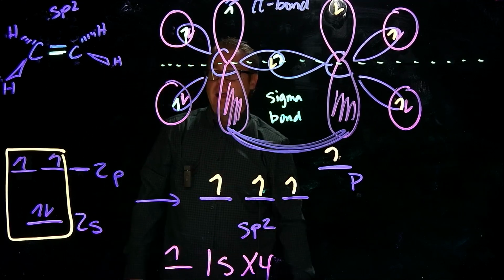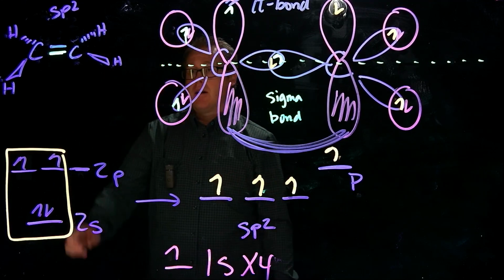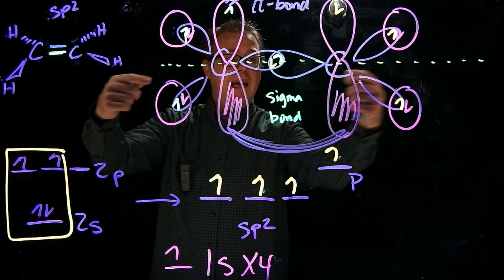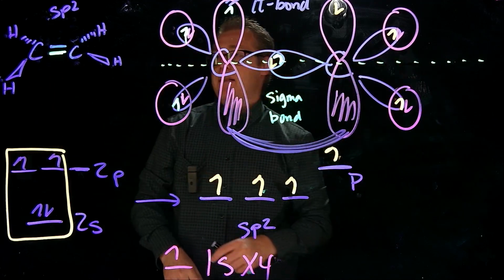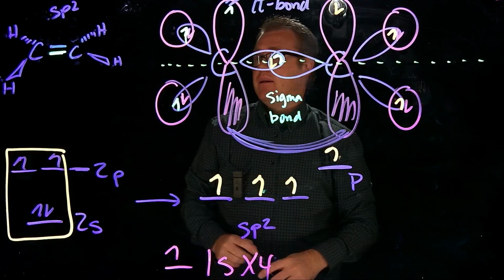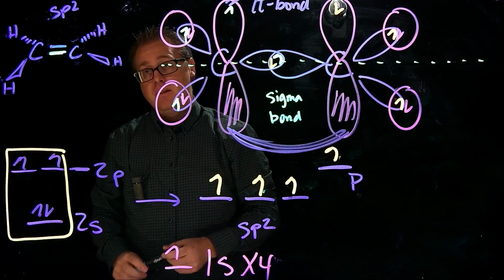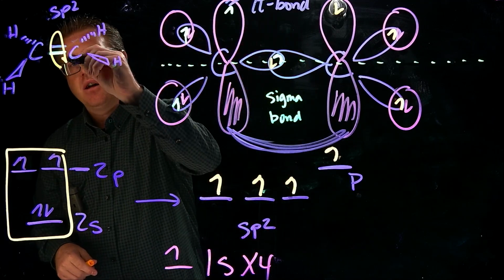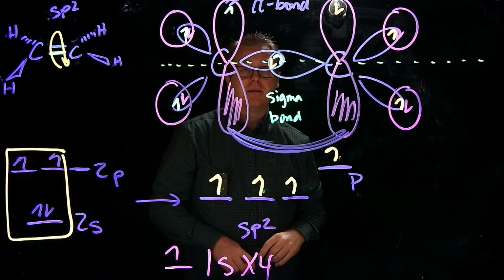And so that's how we have our double bond right there. So one is from a sigma, head-to-head overlap, and then one is a pi above and below that axis. And this is the reason why there is no free rotation around a double bond.